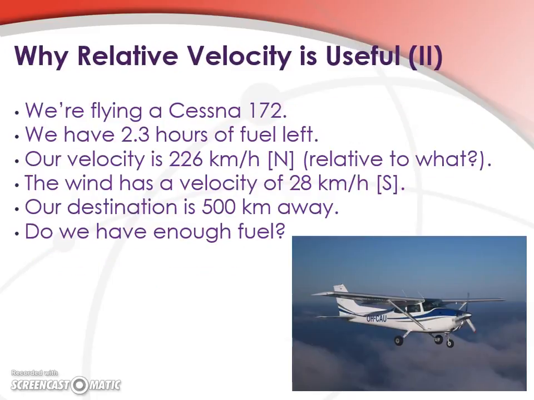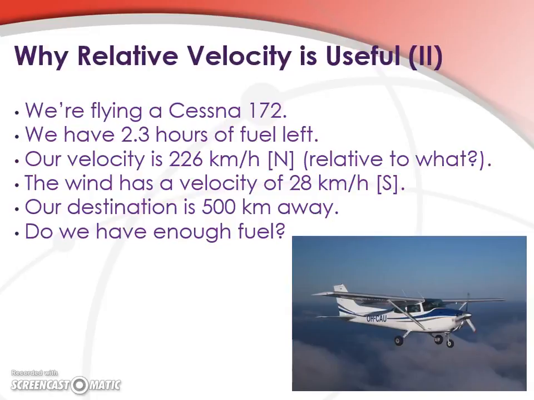Okay, a second example, and very practical, is the idea of flying an airplane. And I alluded to this in class earlier. Let's say we have 2.3 hours of fuel left, and we know that our cruising velocity is 226 kilometers per hour north. Now, what's that relative to? Well, an airplane, the only reference that really matters to an airplane is the air.